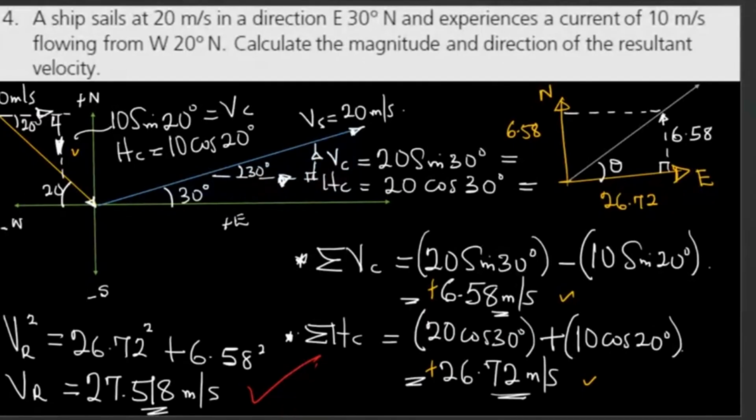Okay, so I'm going to use this right angle triangle here. Let me just label it A. So I'm just going to draw it out. At that vertical there, I have 6.58. I want to determine that angle, and I have 26.72. So I can use tan.